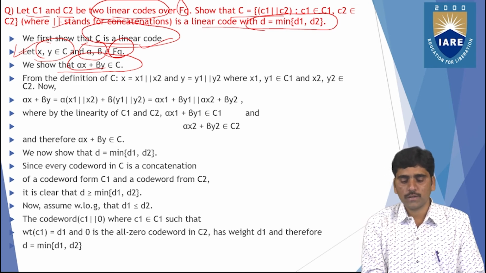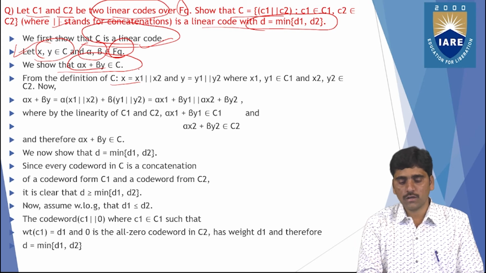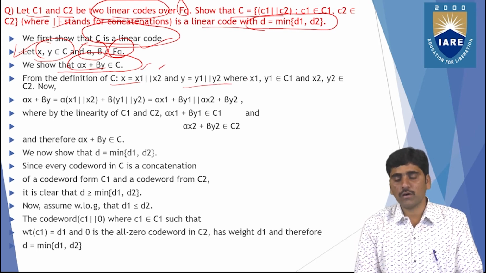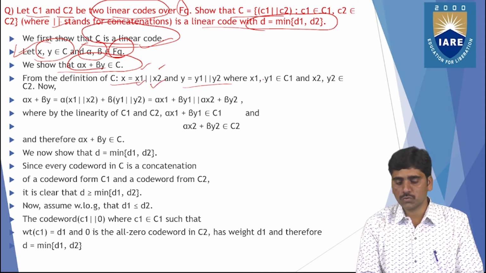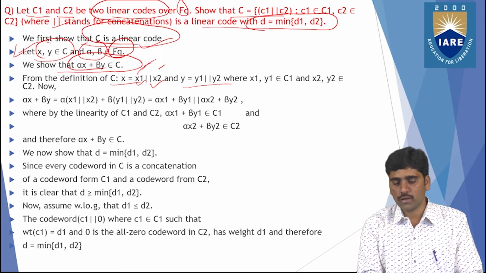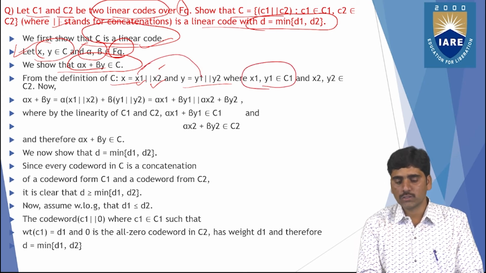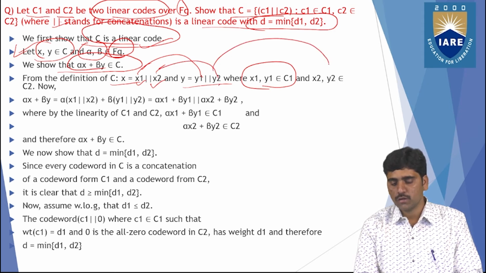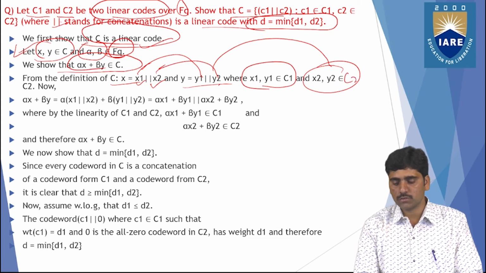See here, from the definition of C, x equals x1 or x2, and similarly y equals y1 or y2, where x1 and y1 belong to the C1 group, and x2 and y2 belong to the C2 group.